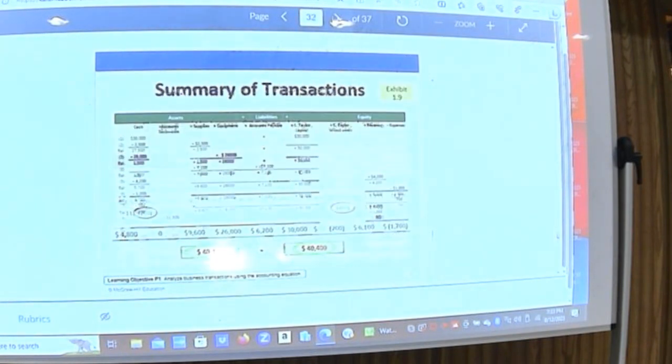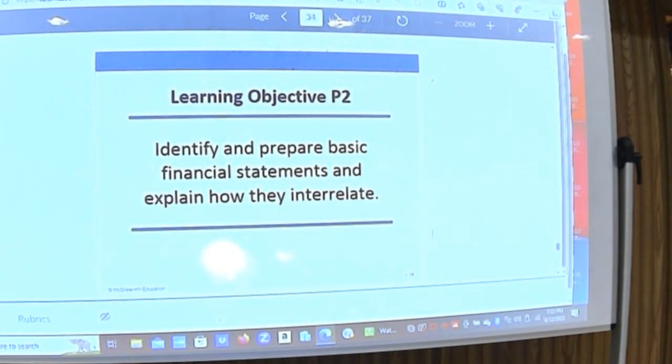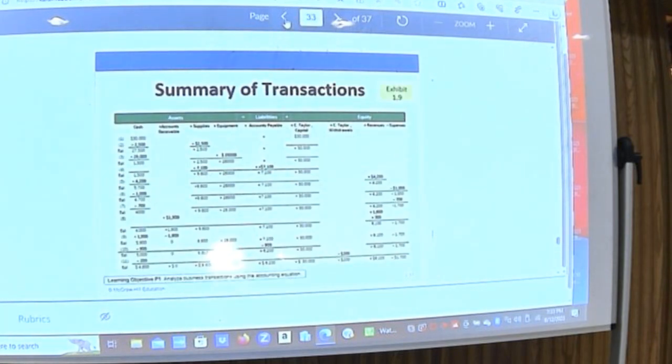There it is. Go back a little there for you. This shows all of the transactions. It's a summary of all those transactions. And the point of that slide is that throughout all of these events and transactions, our accounting equation stayed in balance.